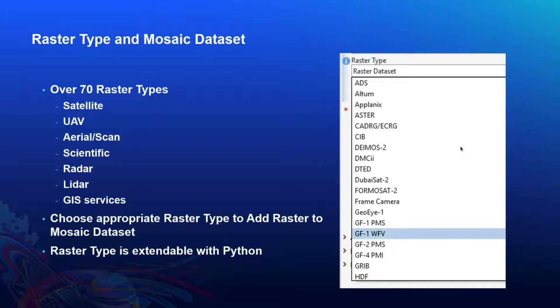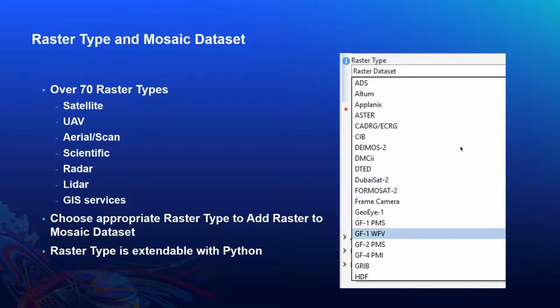Mosaic dataset can manage data from satellites, from UAV drones, from aerial photos and scanned images, and it can also manage multidimensional data in scientific data formats such as NetCDF, GRIB, or HDF. It can also support radar data, LiDAR data, and even GIS services such as WCS and WMS.